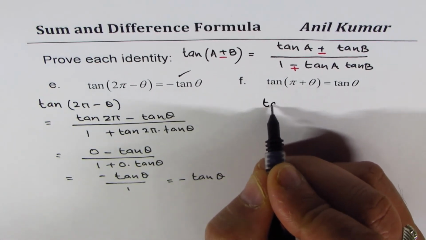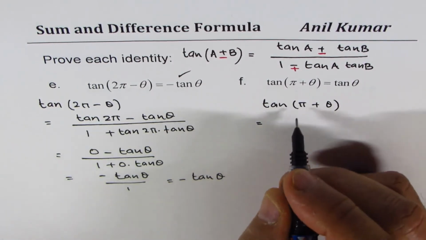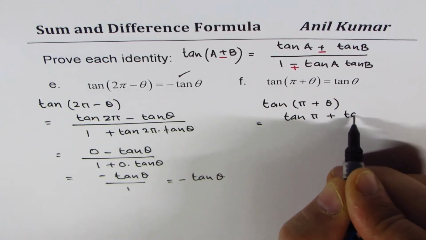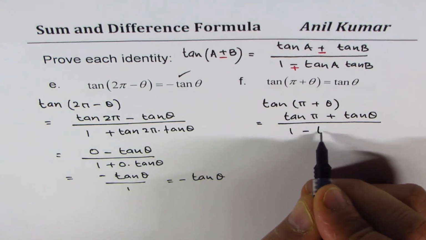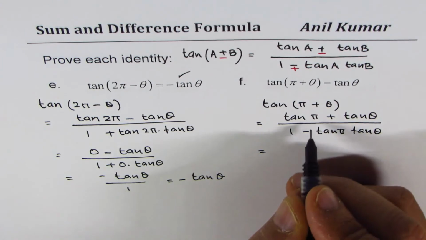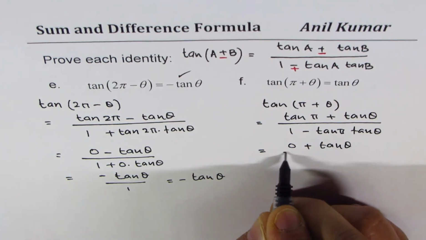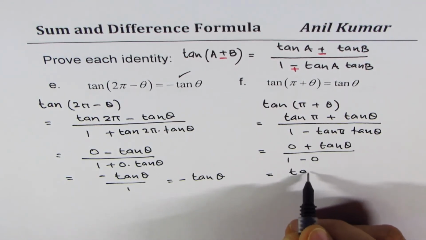So in this case, tan pi plus theta could be written as tan pi plus tan theta divided by 1 minus tan pi tan theta. Perfect. Tan pi is 0 again. So we get 0 plus tan theta over 1 minus 0, which is equal to tan theta.